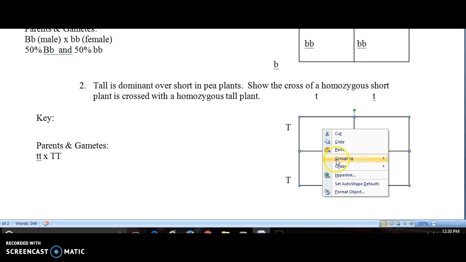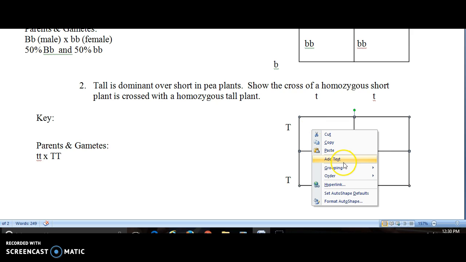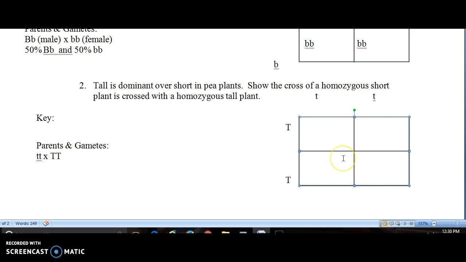So if we do that, we could put a capital T, lowercase t in this first box because we're taking the letters from the side and the top. And then if we go to the next square, we're also going to have a capital T, lowercase t. And then down here, let's see if I can move it here.